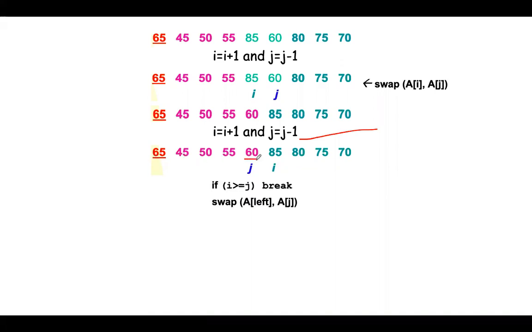I is greater than or equal to j, so this condition is true now. We'll break out of that part and swap a of left, which is nothing but the pivot element, with the a of j element. So 65 will come to the place of 60, and 60 will go to the first part.